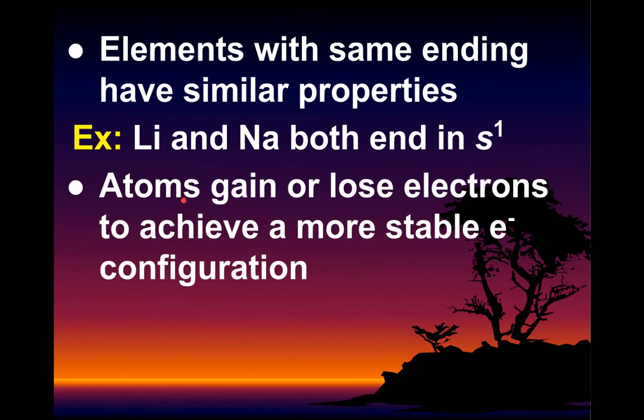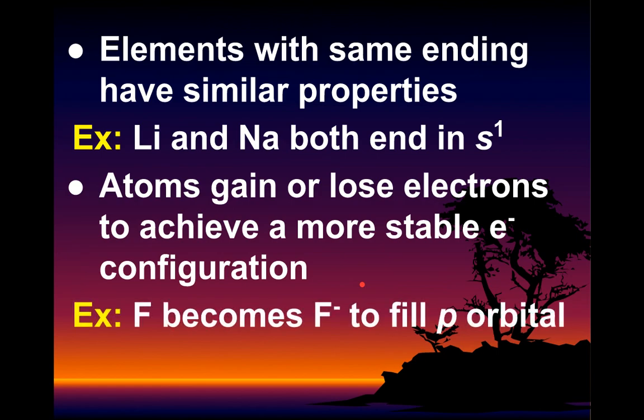Also, this explains valence. Atoms gain or lose electrons to achieve a more stable electron configuration. So for example, if you do the electron configuration for fluorine, you'll see that it ends in a p5. Now, that partially filled p orbital is not as stable as a filled p orbital like neon. So it wants to gain an electron, so it can end in p6. And that's a more stable configuration.